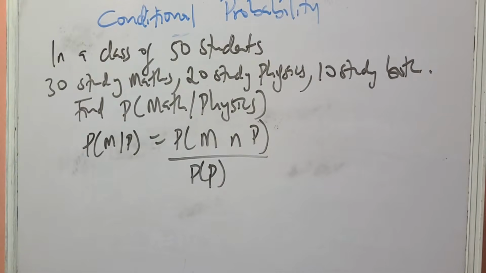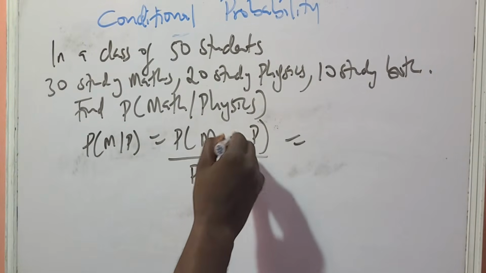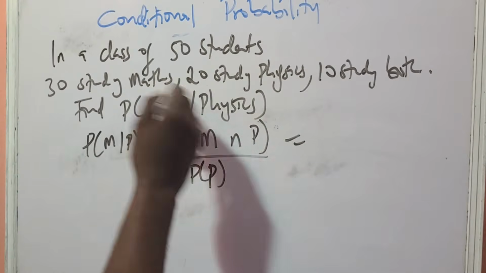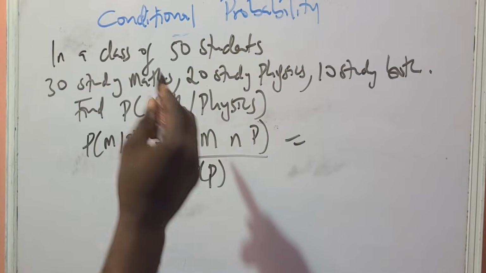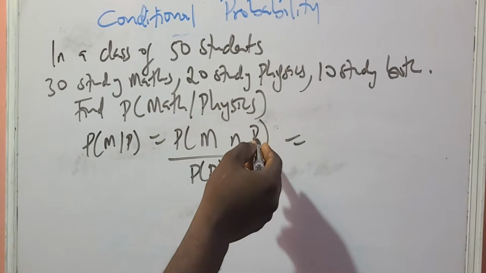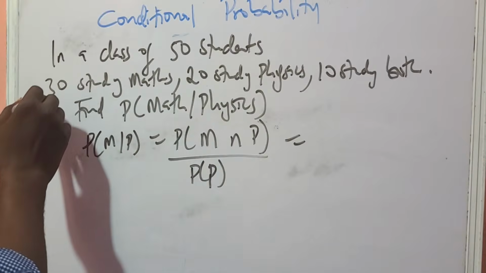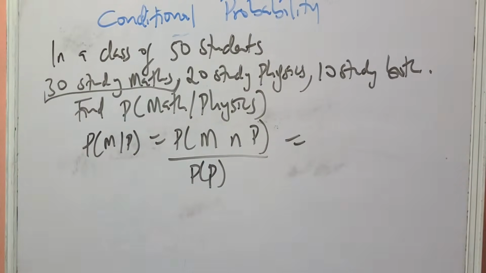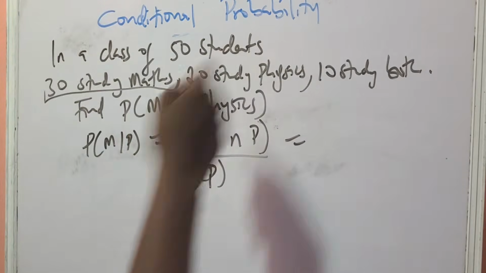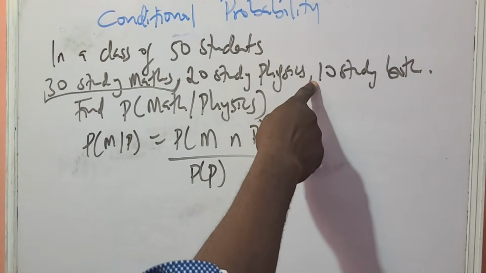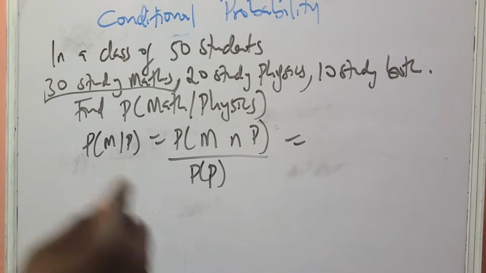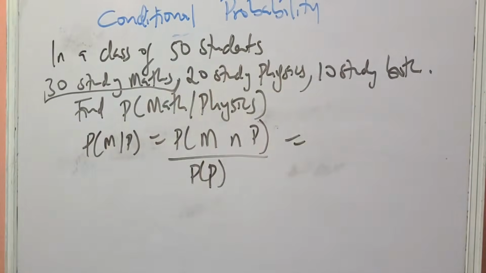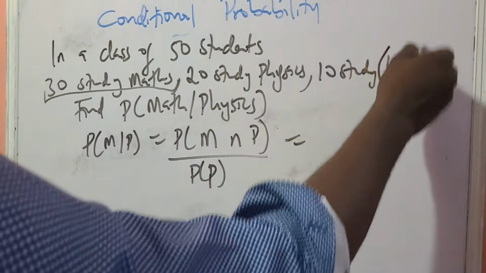Now, what's the probability of maths intersection physics? What's the number of elements in the event space? The event space for maths, we said 30 of them; there are 30 students in that event space. The event space of physics, we said there are 20. We're told that for both of them we had 10 people. The word both here indicates their intersection.